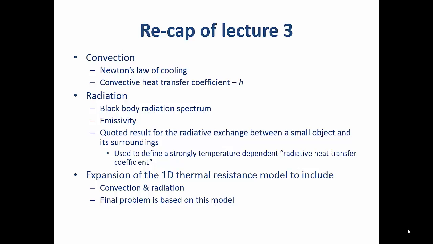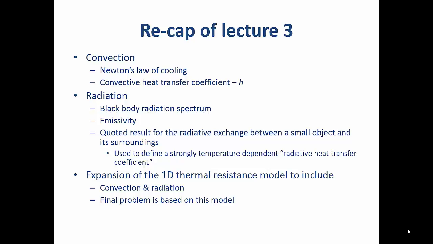In the last lecture I introduced convection and Newton's law of cooling, the convective heat transfer coefficient h. Then I introduced the basics of black body radiation, and the basics of radiative heat transfer in terms of black body radiation and emissivity, to account for the fact that real bodies are not black bodies.